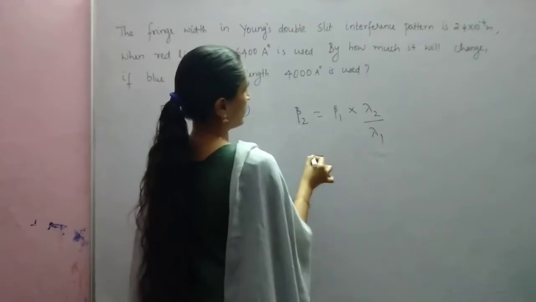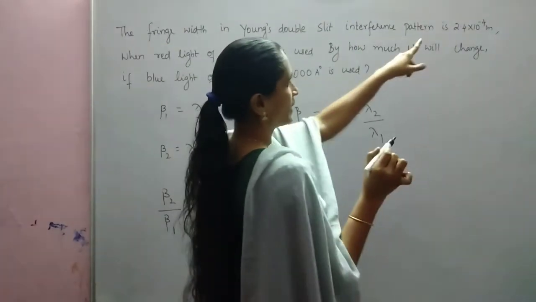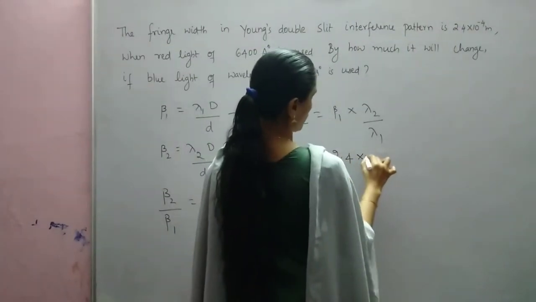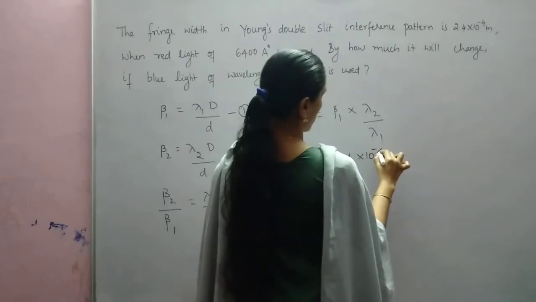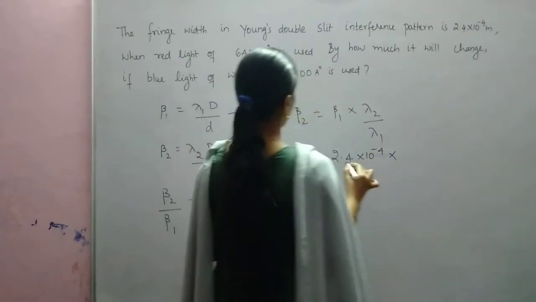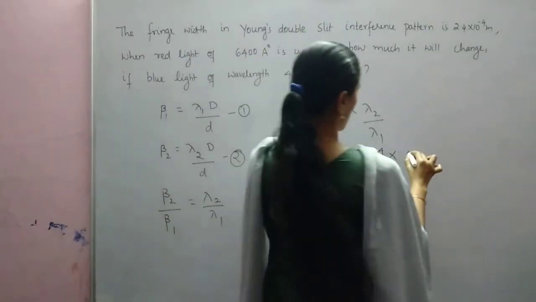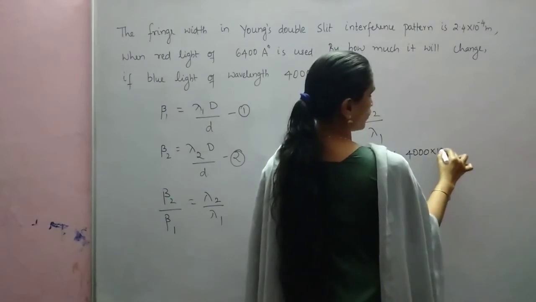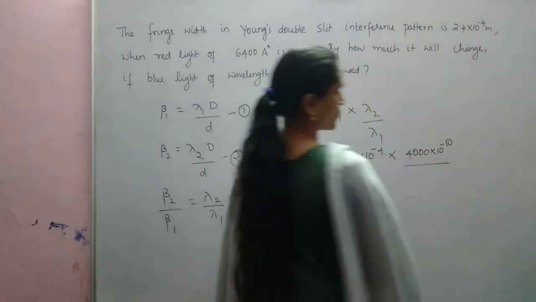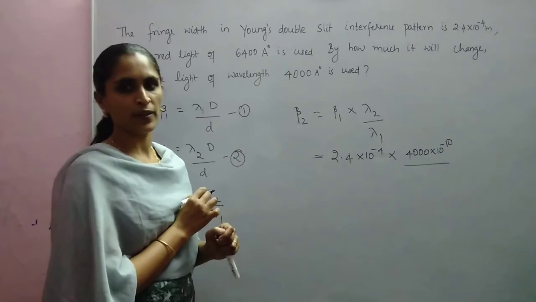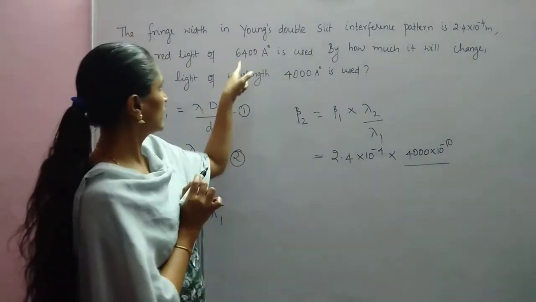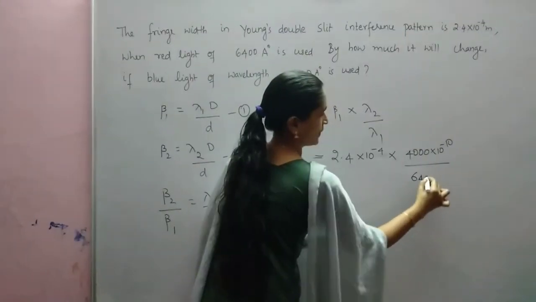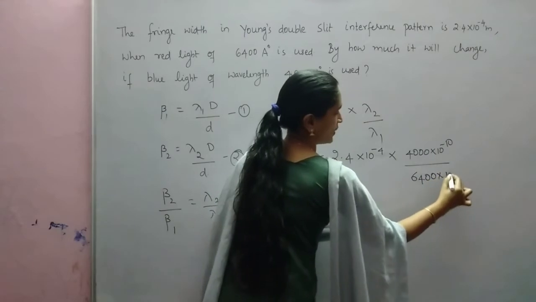So initially what is the fringe width? Beta 1 is given, 2.4 into 10 raised to minus 4. Lambda 2 is given, 4000 angstrom. It should be converted into meters. 4000 into 10 raised to minus 10 divided by 6400 into 10 raised to minus 10.